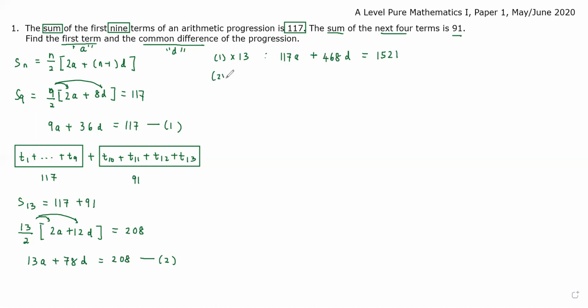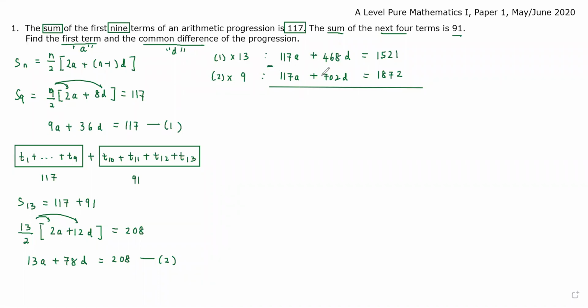And we can multiply equation number 2 by 9, so that we have 117a plus 702d. This equals 1872. So we have 2 equations here, and the coefficient of a is common. Then we can subtract these 2 equations.